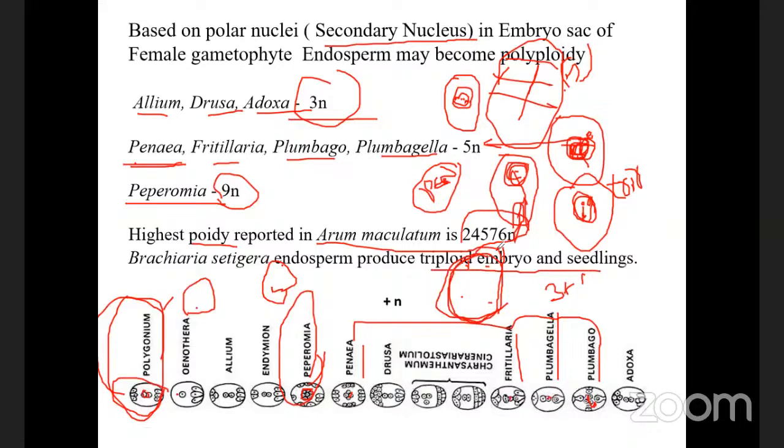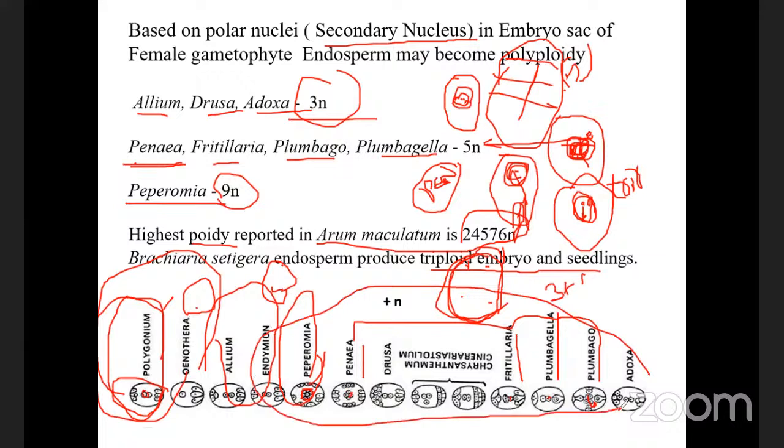These 2 are monosporic type. These 2 are disporic type, Allium and Endymion, and the remaining Penaea, Fritillaria, Drusa, Plumbagella, Plumbago, Adoxa are tetrasporic types. That means 4 nuclei take part in the development.